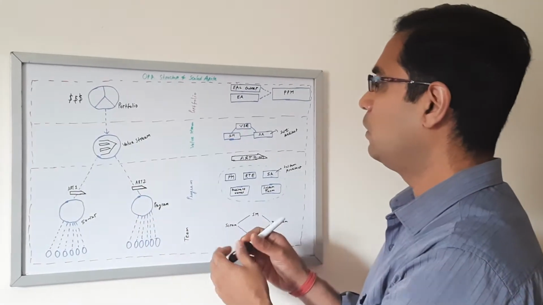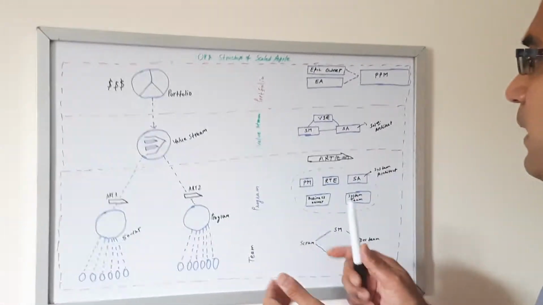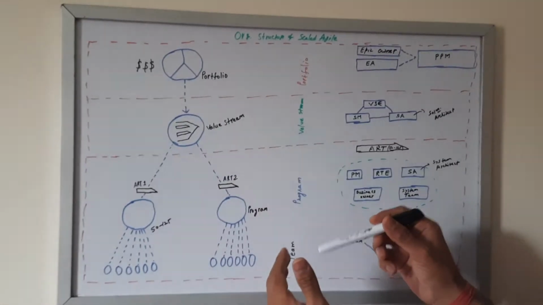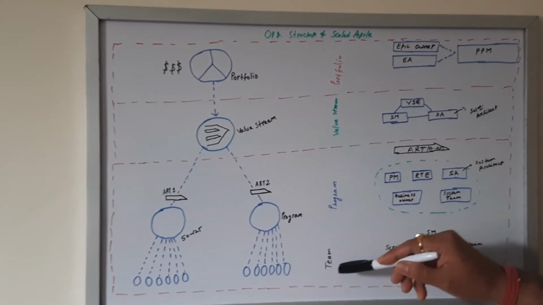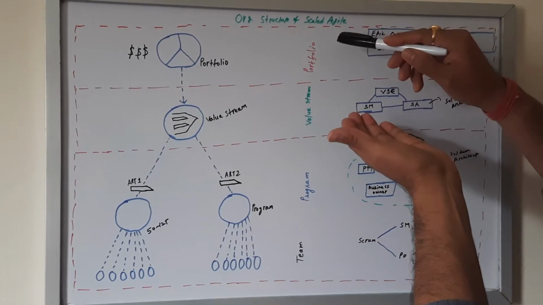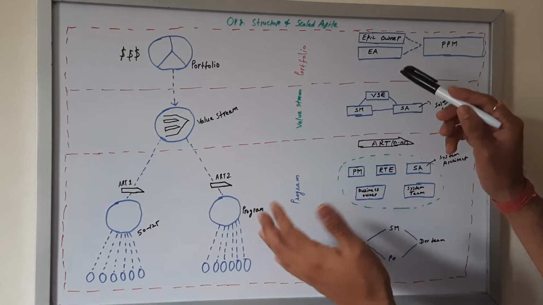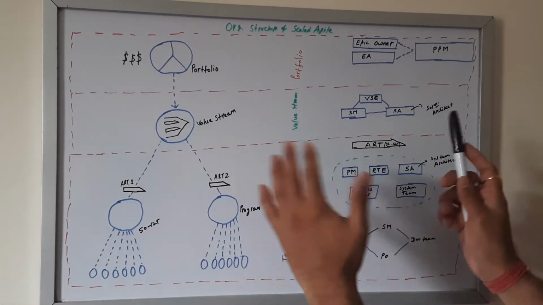So we will see in this diagram how this structure is defined and how we work. You can see there are several levels of structure: team level, program level, value stream level, and portfolio level. We will go with a bottom-up approach.